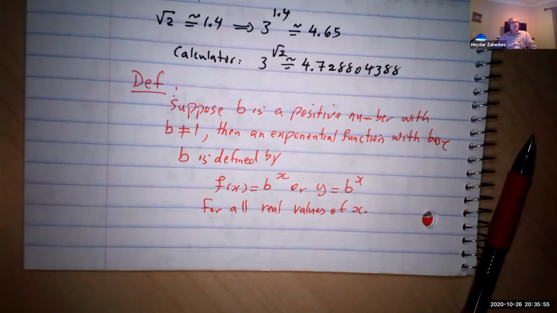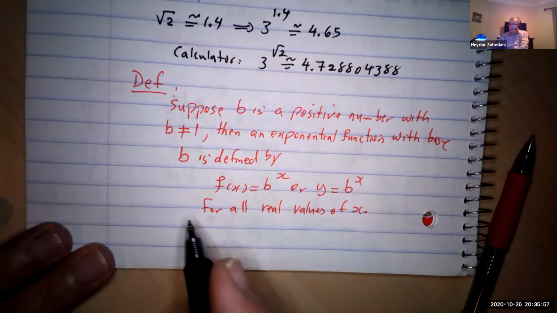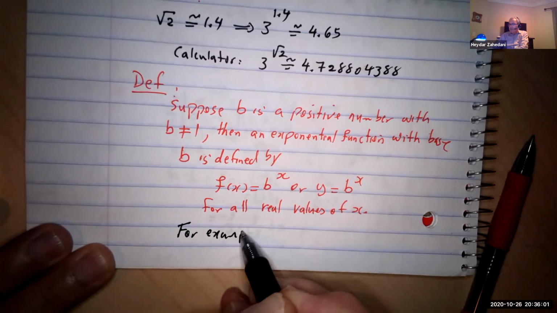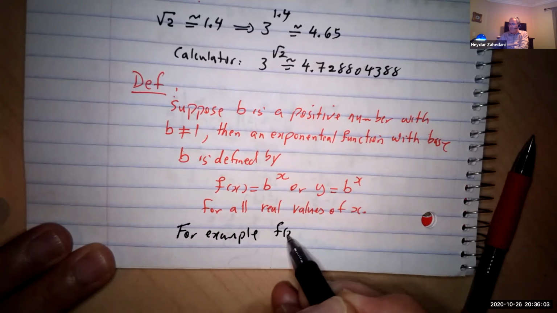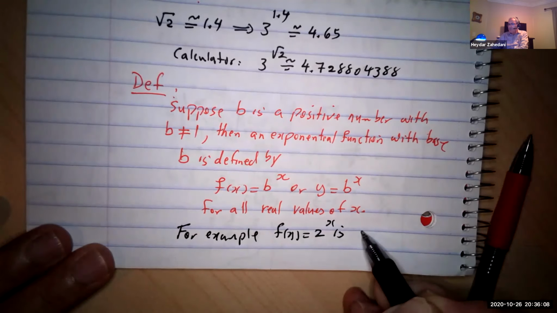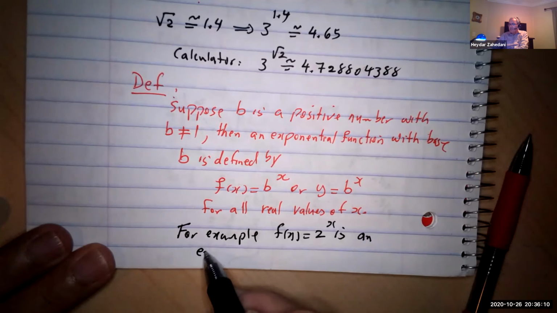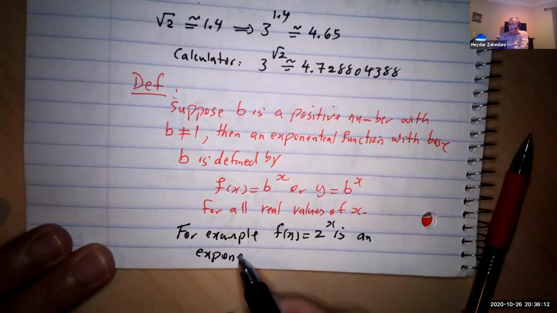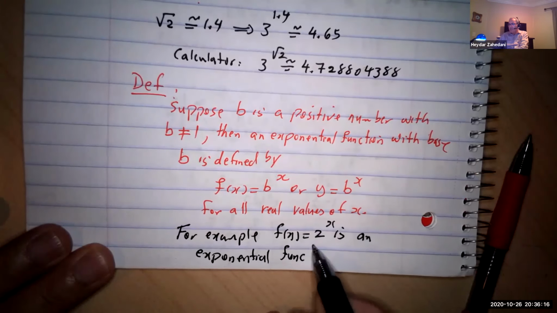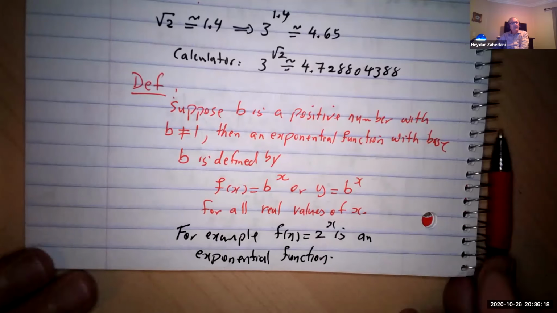So for example, f of x equal to 2 to the x is an exponential function. Okay, any question?